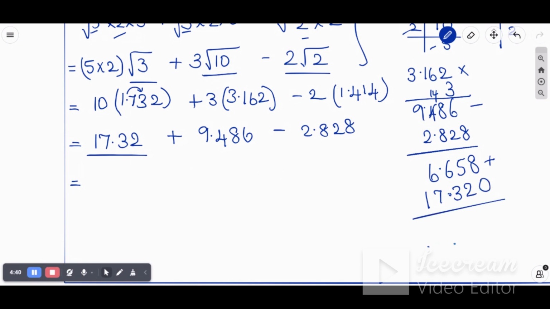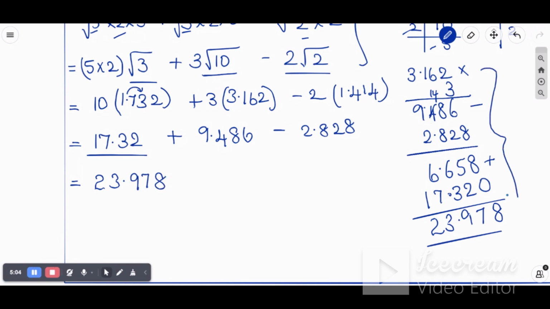So this is how you do your addition. While doing additions and subtractions and multiplications, please be careful, else the final answer might go wrong. So our final answer is 23.978. So these additions, subtractions, multiplications, whatever, please do it carefully.